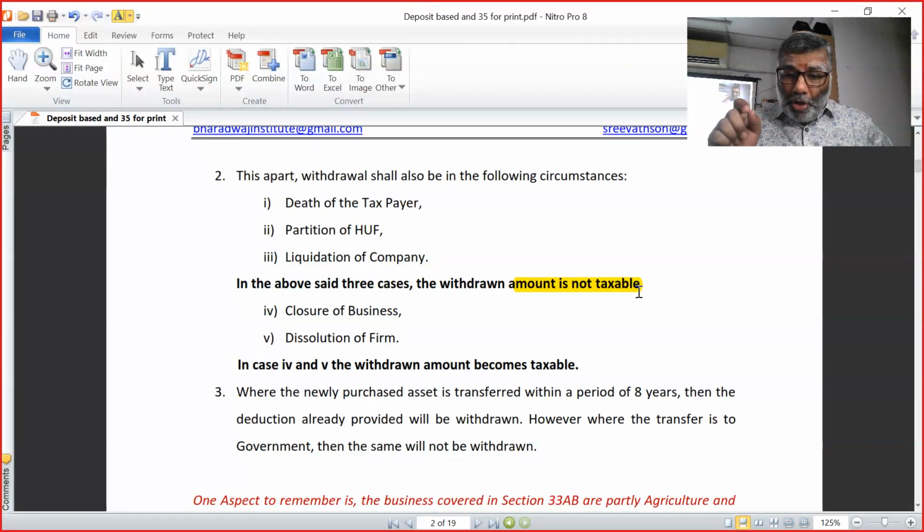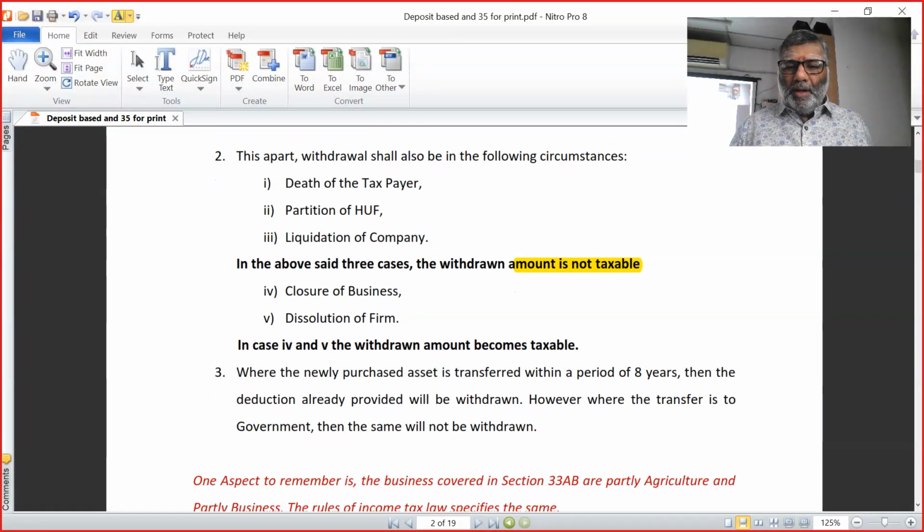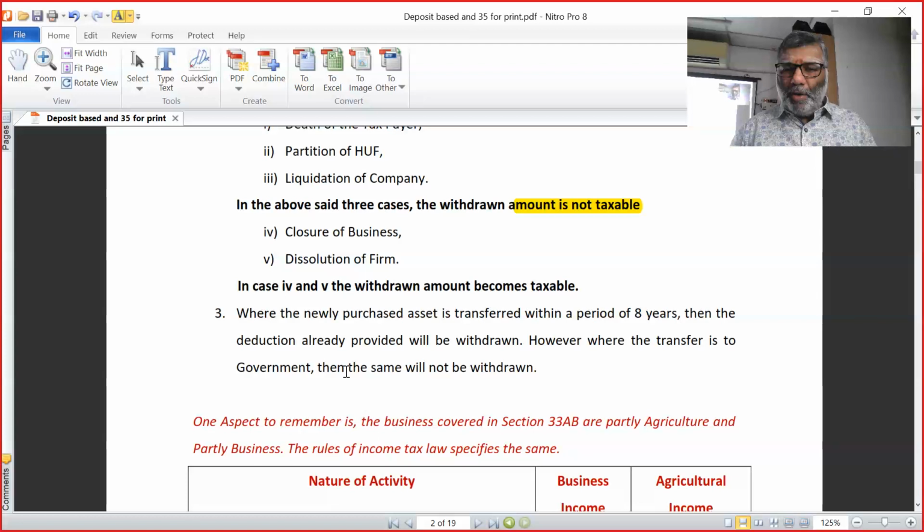Where the newly purchased asset is transferred within 8 years, then the deduction already provided will be withdrawn. Same, it is as if you have deposited but not used it for the specified purpose. However, where the transfer is to the government, compulsory acquisition, then you don't have an option. In that case, it is different.